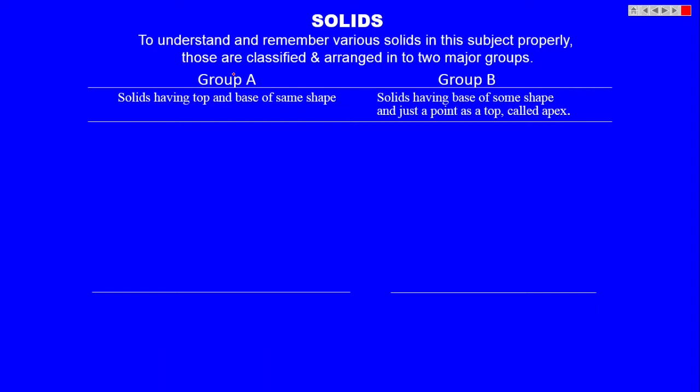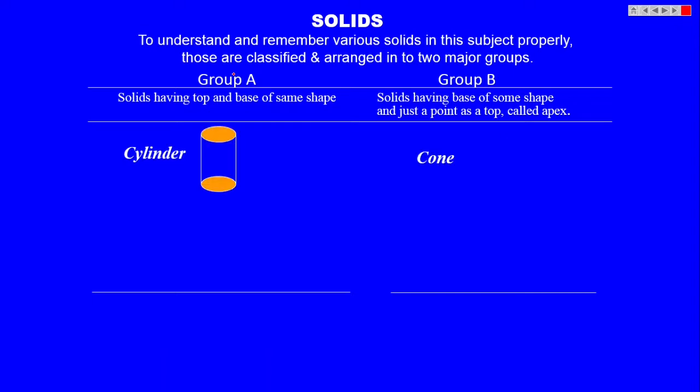These are the two categories of solids, group A and group B, in which solids having top and base of same shapes coming under group A. Then solids having base of some shape and just a point as a top is coming under the group B.